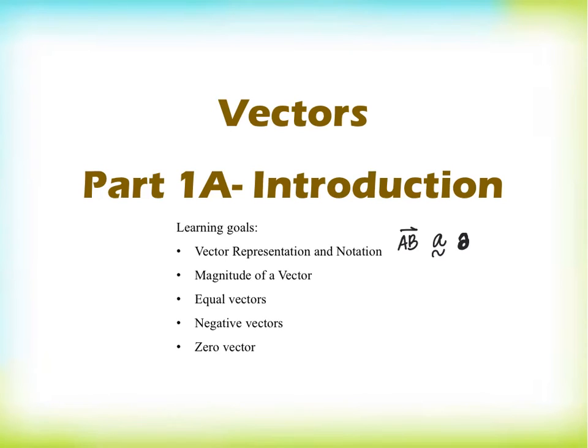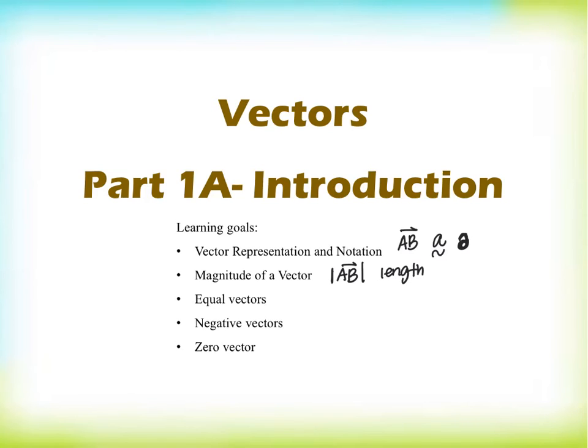Magnitude of a vector: we have the absolute value of AB, for example. This is actually the length of a vector, and we can use the Pythagoras theorem to find its length or magnitude. Now equal vectors, we see these in parallelograms or even a hexagon question.